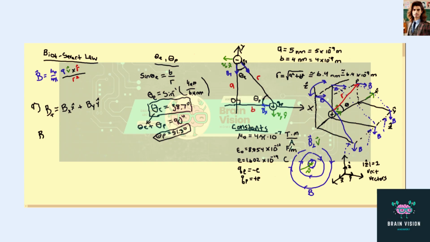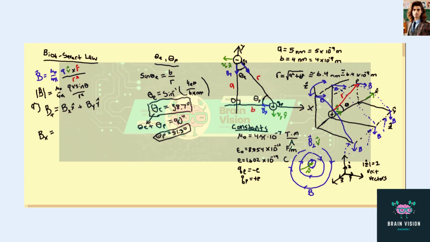So setting this up, we can write the magnitude of B in the form of mu naught over 4 pi times q v sine theta over r squared.